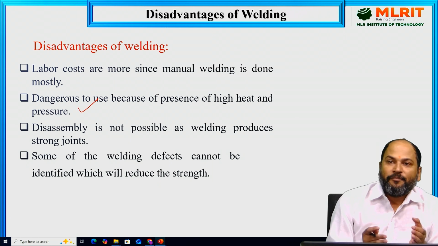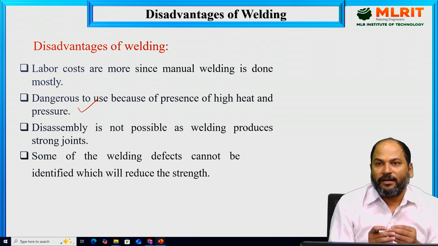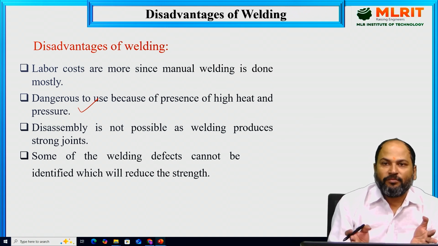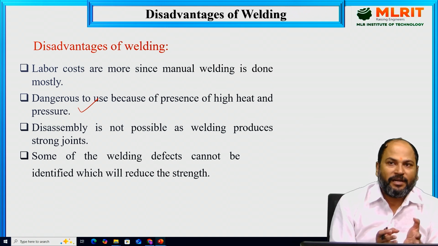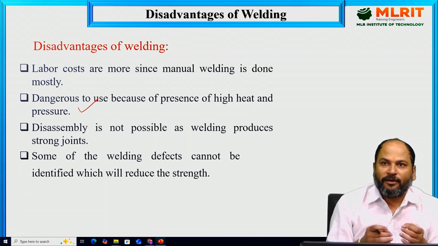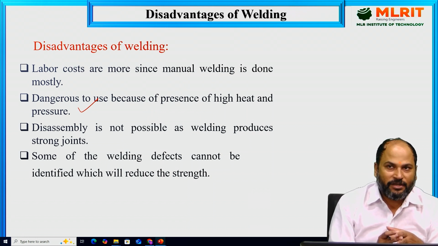the quality. Many of the defects during welding are very difficult to identify. For example, if moisture is there and we have not removed it completely, then hydrogen embrittlement will be there. Means hydrogen will hide over there, and once welding is completed, the chances are very high that there will be embrittlement, that is, hydrogen embrittlement.